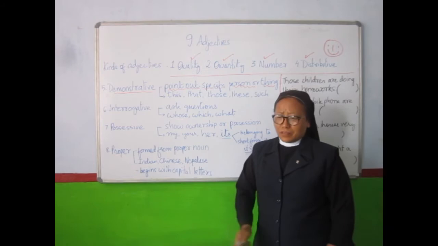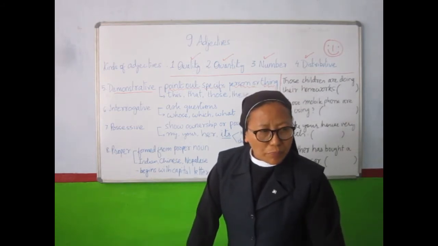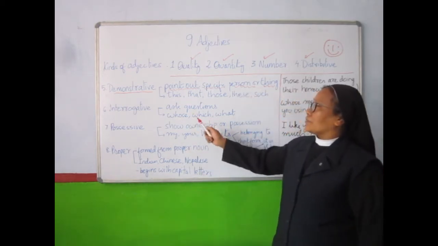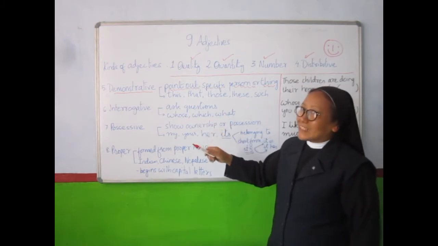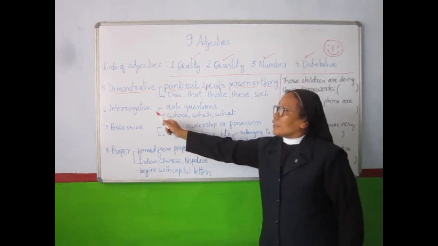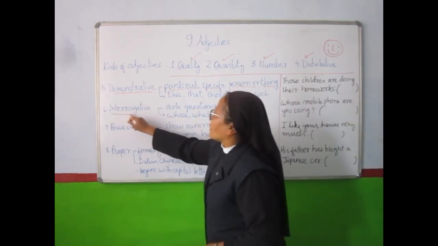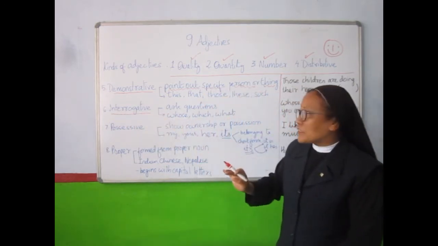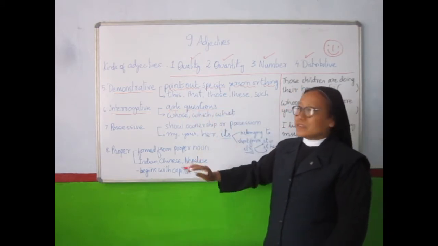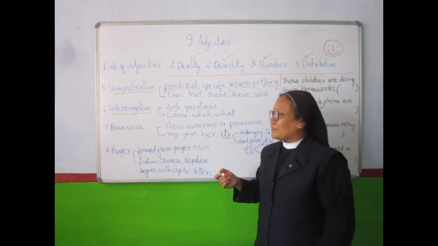For example, whose chair are you sitting on? Whose bench is that? When these words are used with a noun to ask a question, they are called interrogative adjectives. Their function is to ask questions. The words are whose, which, what. Very good.